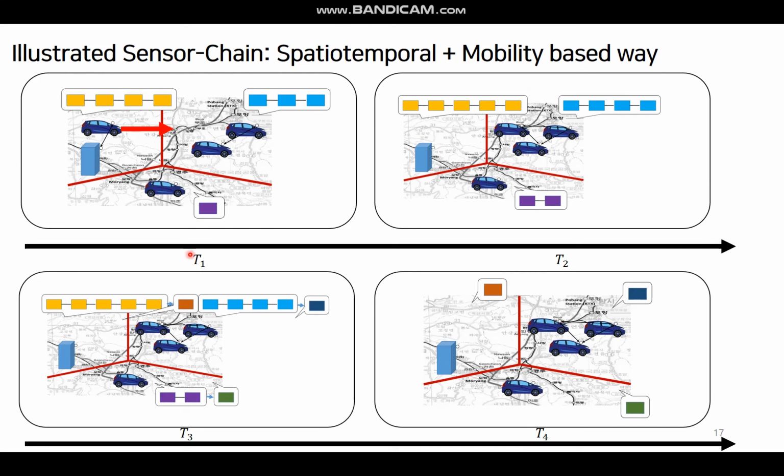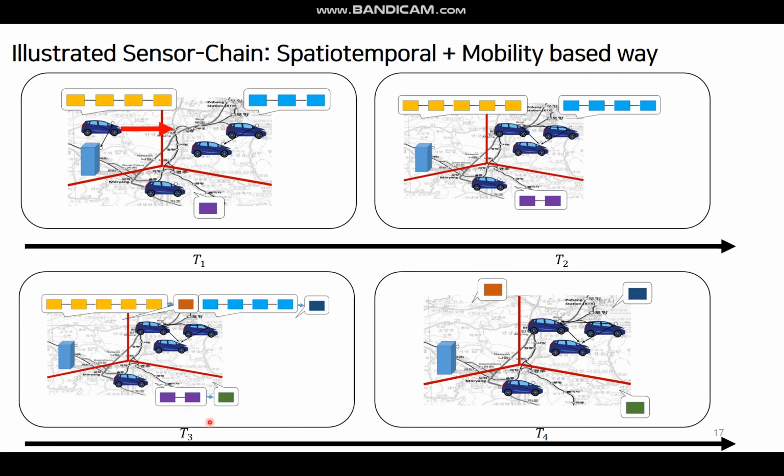So firstly, this mobile node goes from cell 1 to cell 2, and then this mobile node newly constructs the network in cell 2, as depicted in this figure, and each local network maintains the local copy of the blockchain.